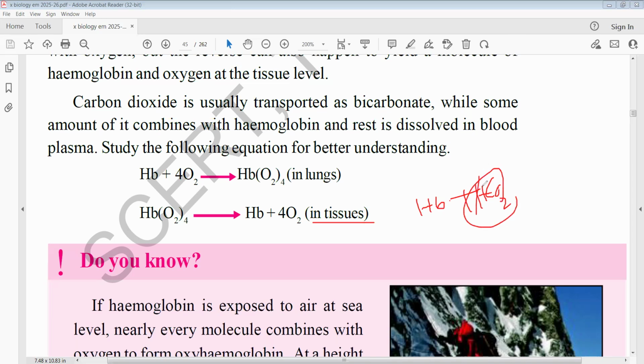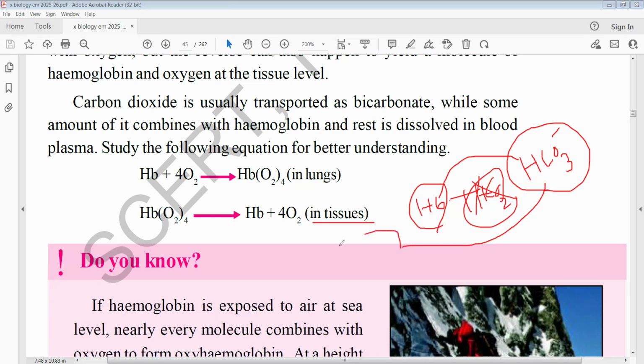The bicarbonate chemical formula is HCO3 minus. This form is important because it is the form of carbon dioxide that is carried to the lungs and expelled outside. You have to keep this in mind.